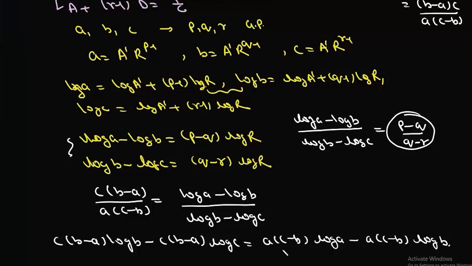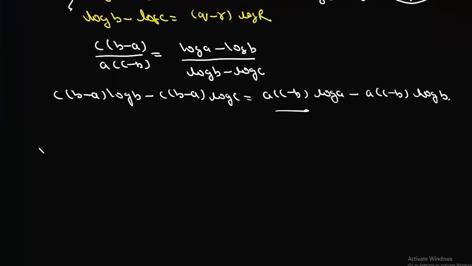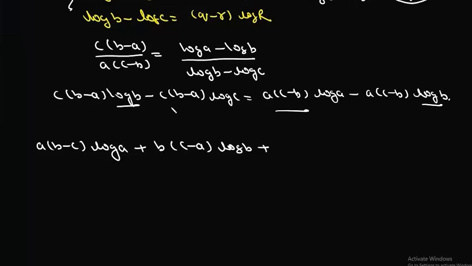Now we'll take everything on the left hand side. Then we can write this as a(b minus c) log a, plus, and we take log b on the left hand side, it will be bc minus ac and ac minus ab. So there will be b(c minus a) log b, and this is plus, so it will be c into (a minus b) log c equals 0, which is what we need to prove in this question.